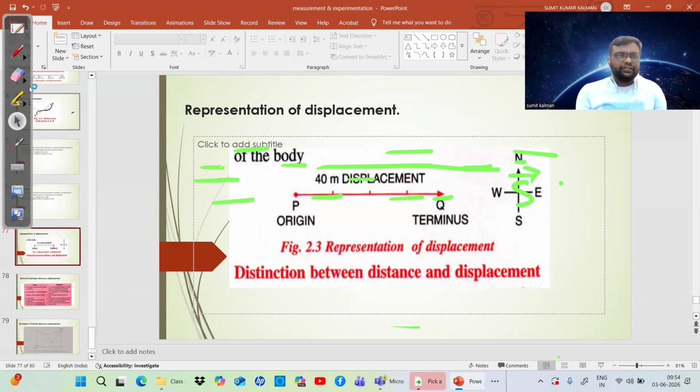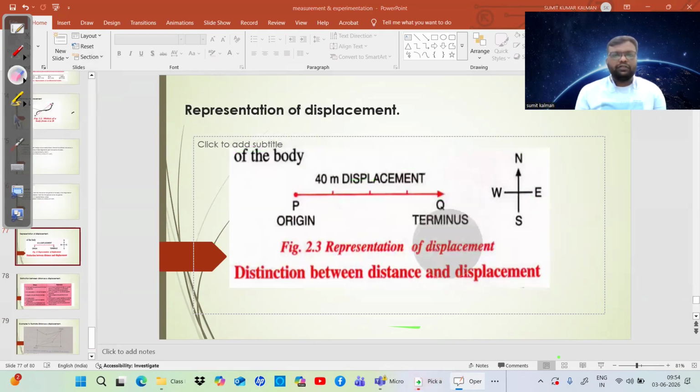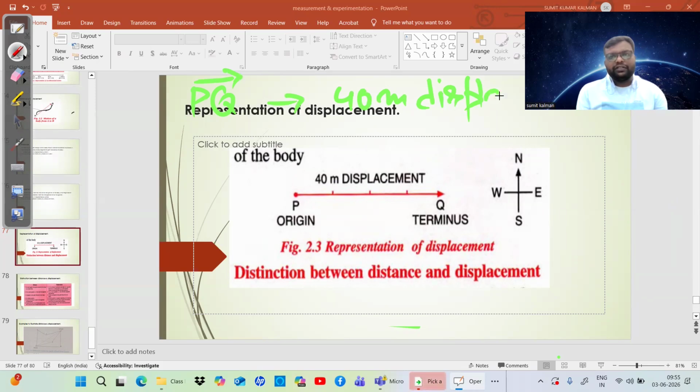Now friends, here you will see in this figure the vector PQ. This vector PQ represents 40 meter displacement, in which direction?